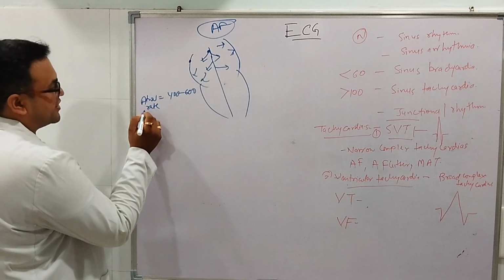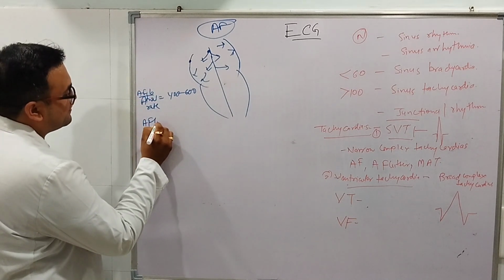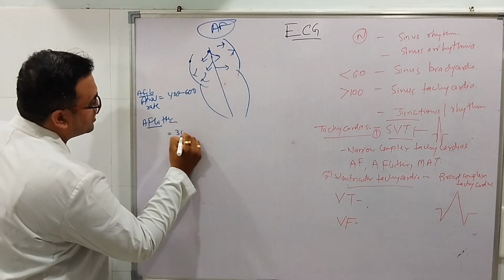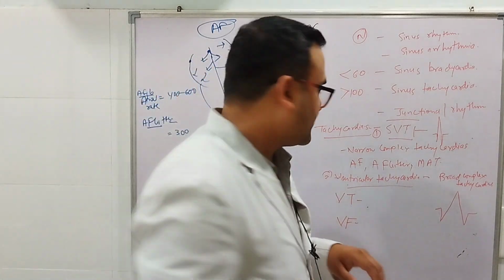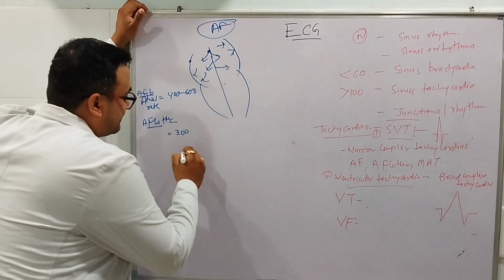In atrial flutter, the atrial rate will be around 300, and some of the P waves will be conducted, some will not be conducted.